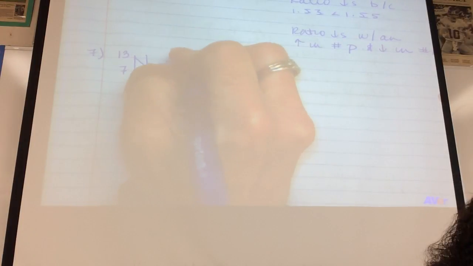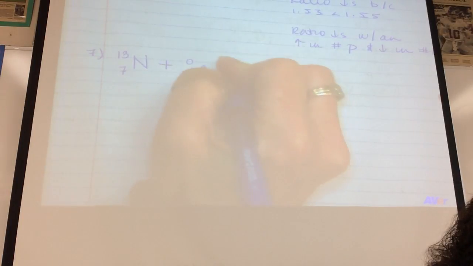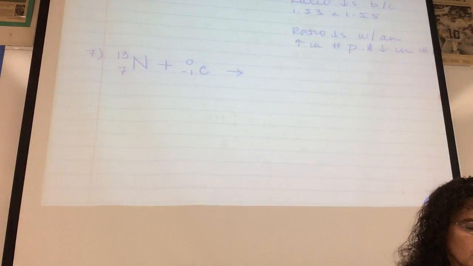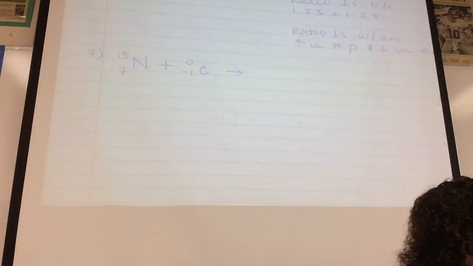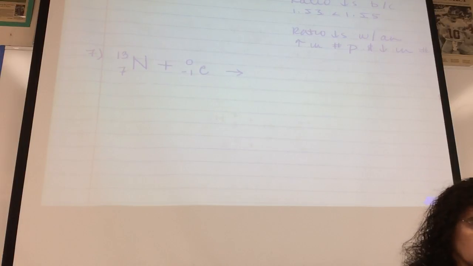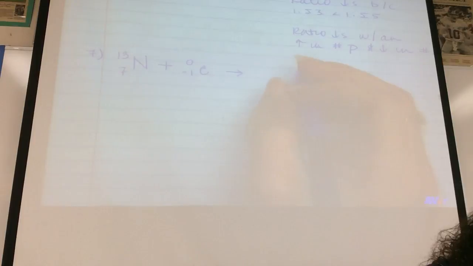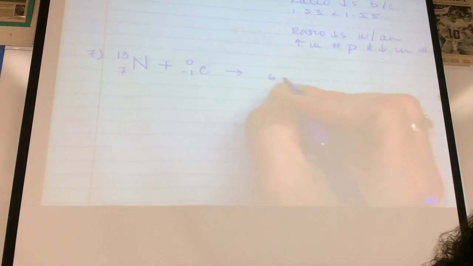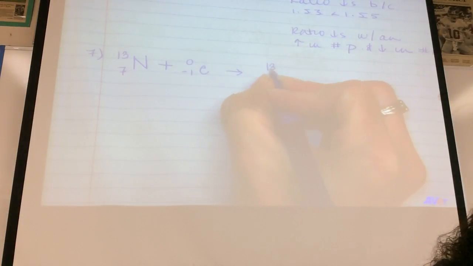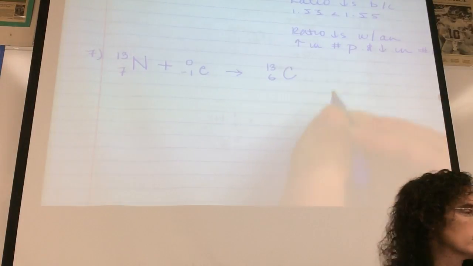It looks like a beta, but you just write E for electron. And what does it make? You've got 7 plus -1 is 6, 13, and that would be carbon.